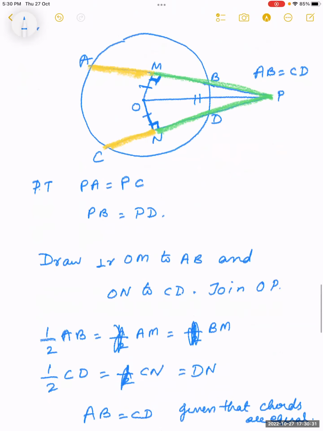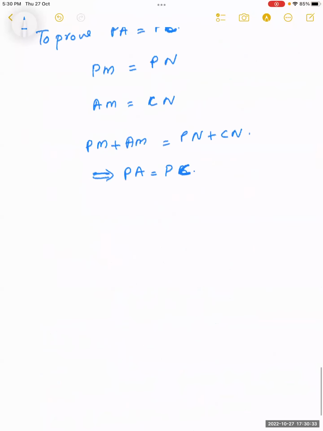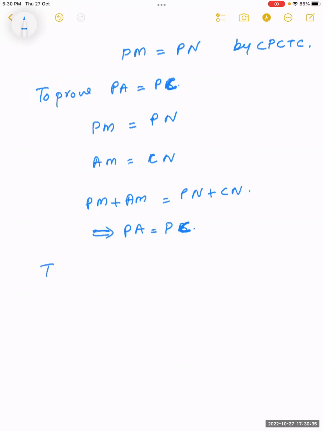Now let's do the next thing, and at the end, I'll give you the time to write down the answer. To prove, I need to show PB is equal to PD. It's the same concept. We'll start with the same thing: PM equal to PN. Similarly, we know BM equal to DN.